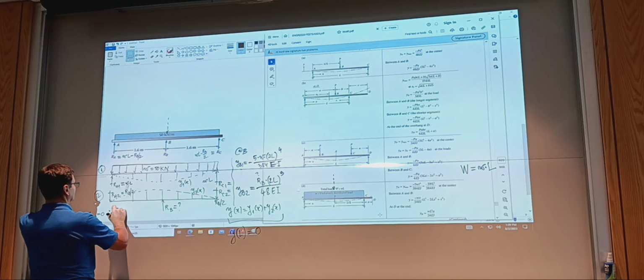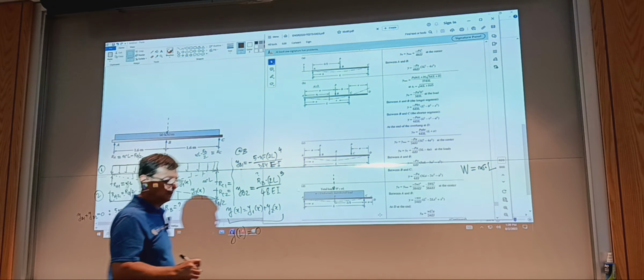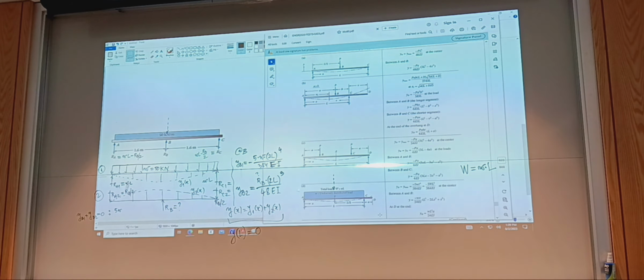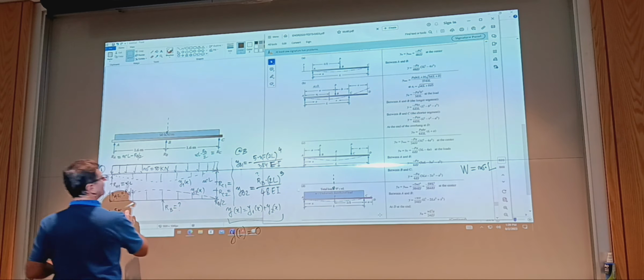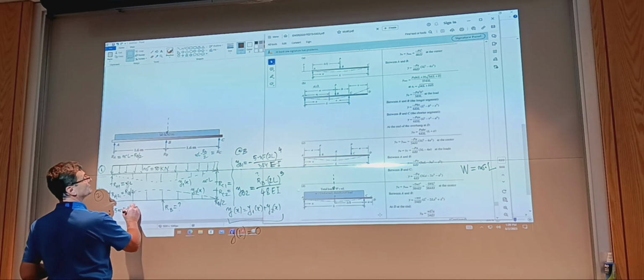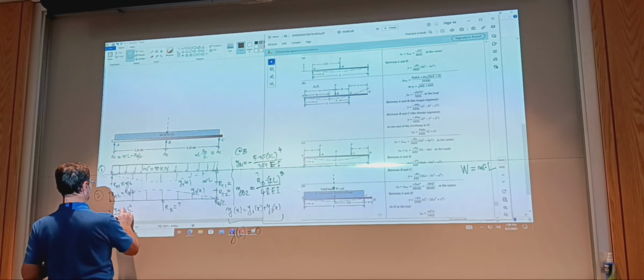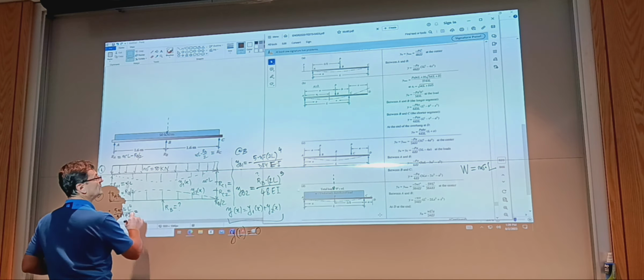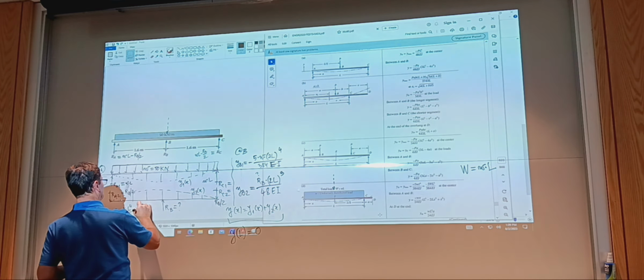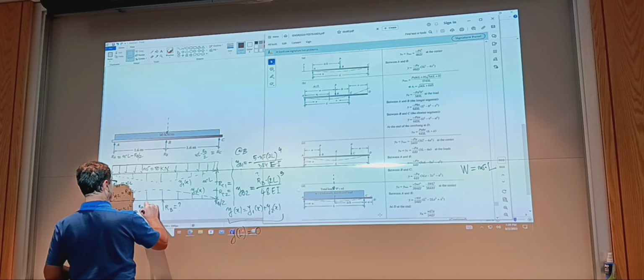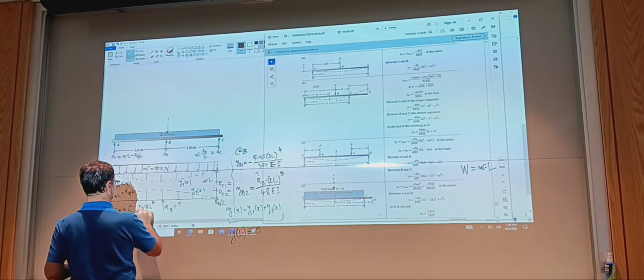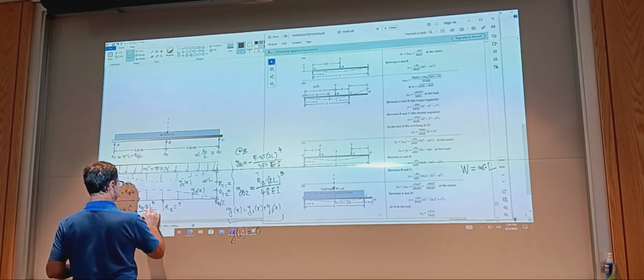So it'll be 5 lowercase w times, what is 2 to the power 4? 2 to the power 4 is 16, times L to the power 4 over 384 EI equals this other one with the unknown RB times 16 times L to the power 3 over 48 EI.